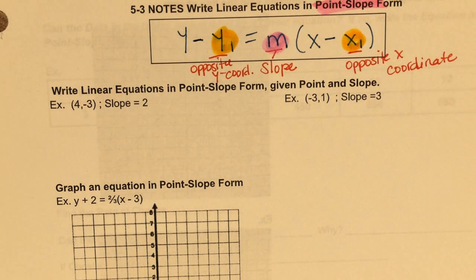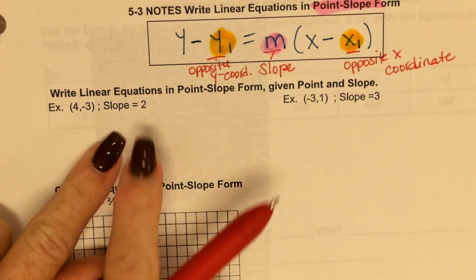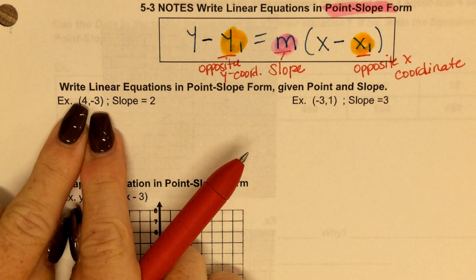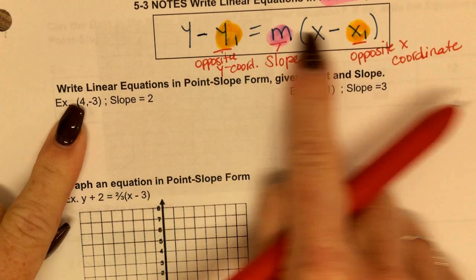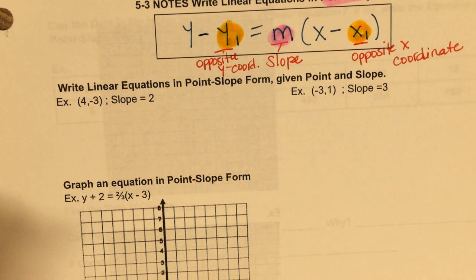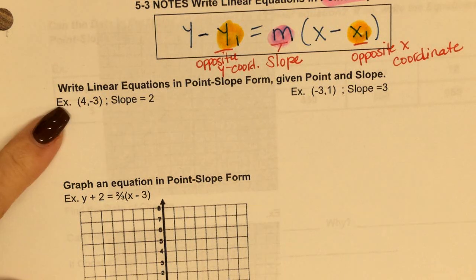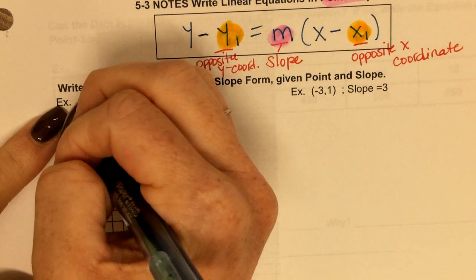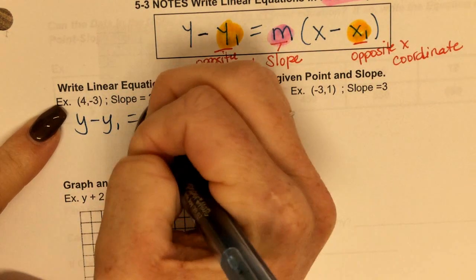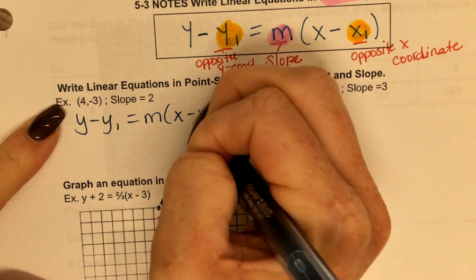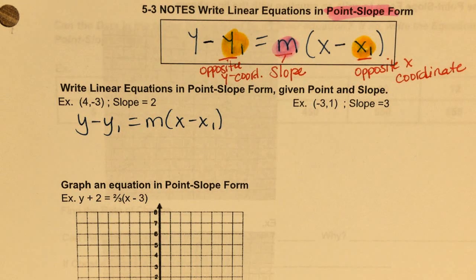Okay, so you are going to practice writing an equation in point-slope form, given a slope and a point. So we're going to take this equation and basically just fill in the numbers, okay? Here we go. The equation says y minus y1 equals m, open parentheses, x minus x1. And I got that straight from the star chart.